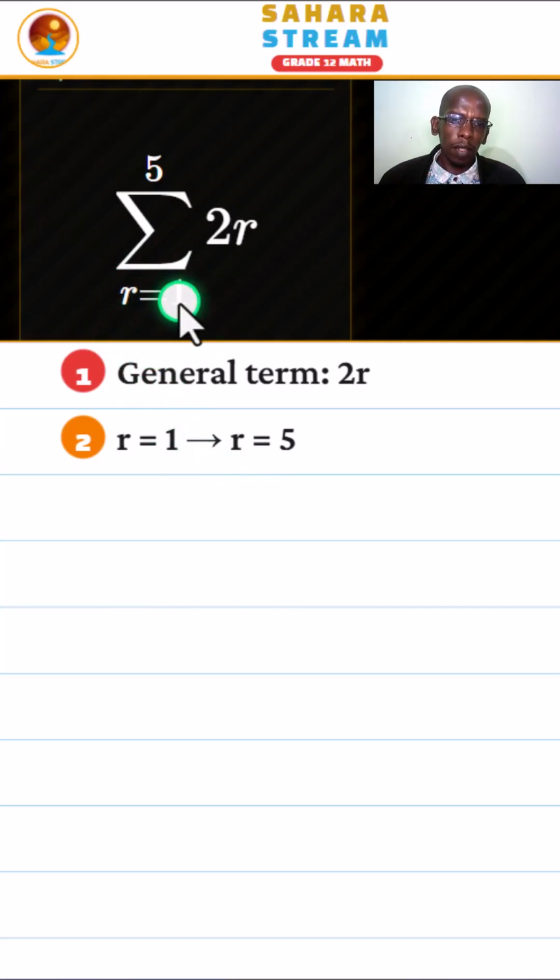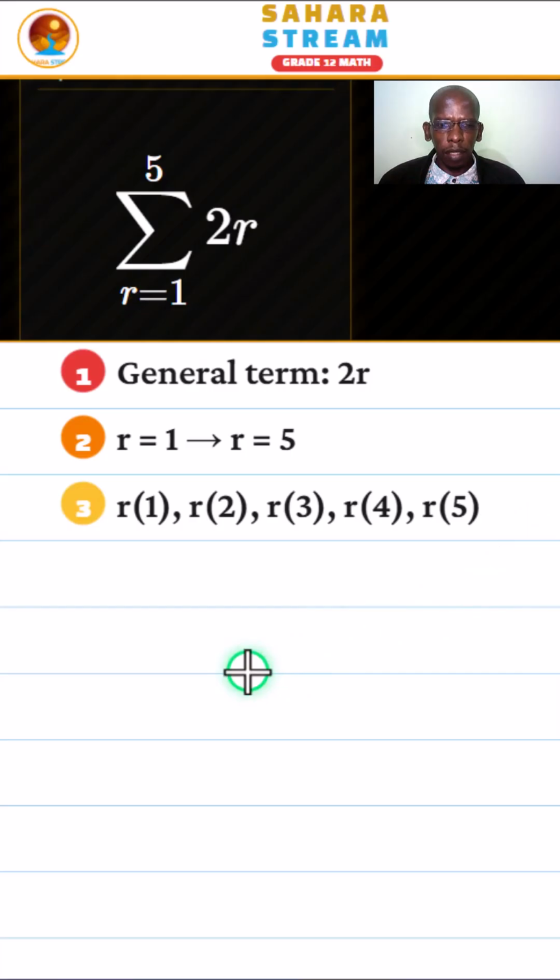So our terms run from the first term all the way to the fifth term. So r runs from 1 all the way to 5. Then the next step, we need to write the position of each of the terms. So in this case, we have the first term where r is 1, the second term, third term, fourth term, and fifth term.